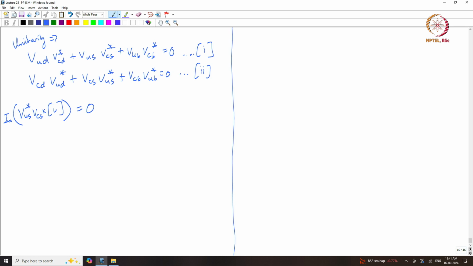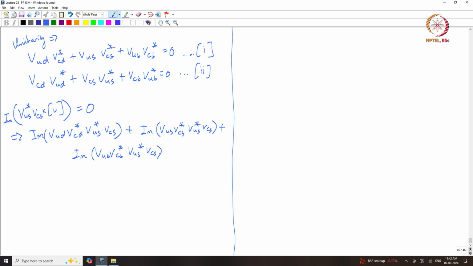So, that would imply, it gives me imaginary part of VUD, VCD star, VUS star, VCS plus imaginary part of VUS, VCS star, VUS star, VCS plus imaginary part of VUB, VCB star, VUS star VCS, equals 0.